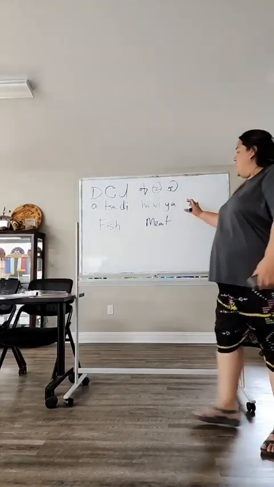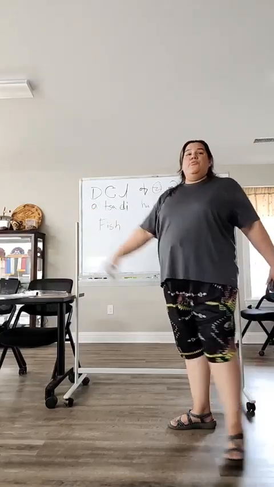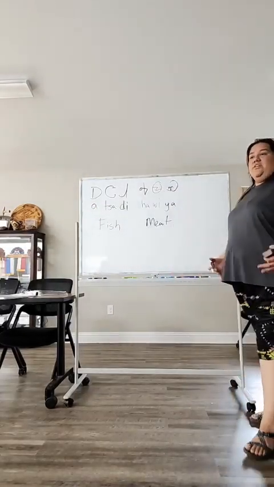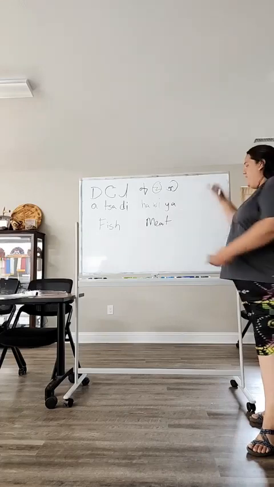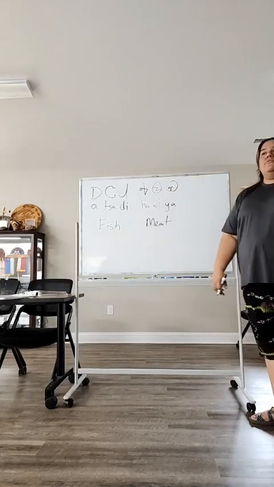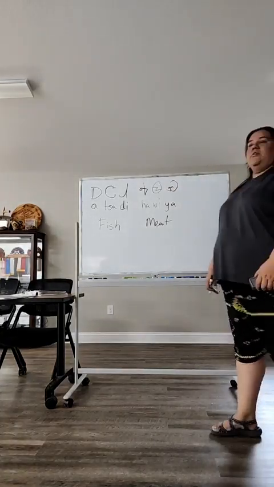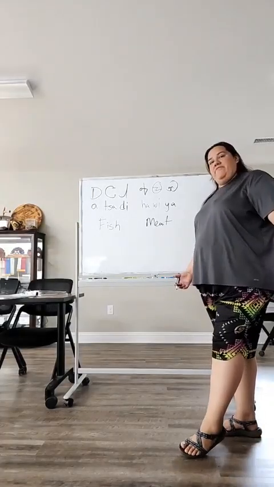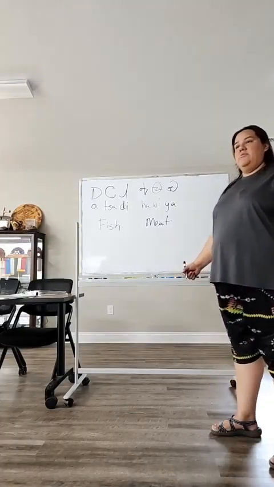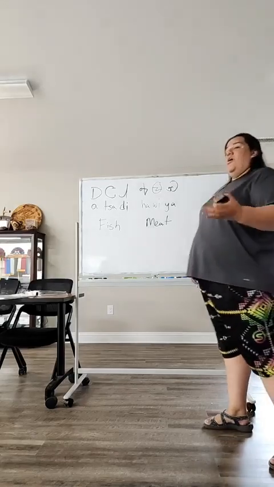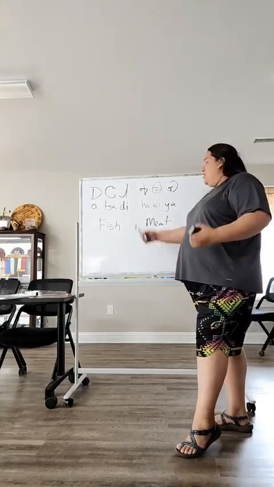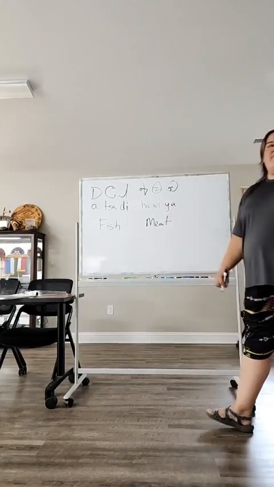You just attach that, and you can attach that to any animal you want to. As long as you can eat it, and you attach the hawiyah, it makes it the meat instead of the animal. So you can use it for cow meat, beef. How do we say cow? Waka, right? Waka hawiyah. That'll be your beef.